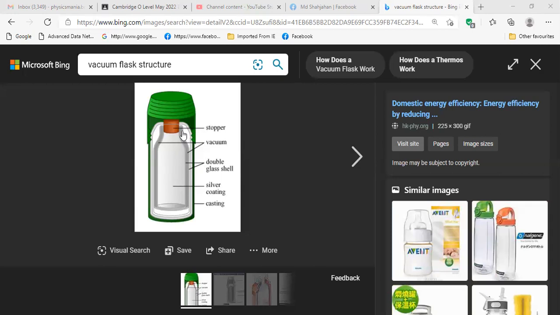Similar things are happening in the ice cream container the people are selling, right? There is a cork sheet, there is some insulation inside it, and a double trapped layer, so that there is less possibility of heat transfer outside or inside.